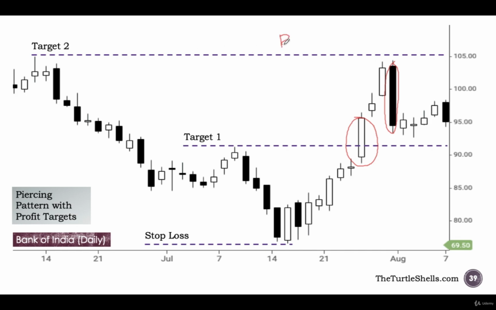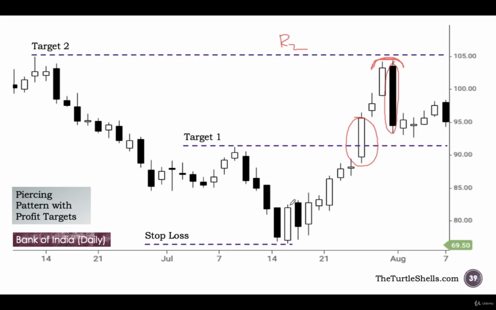Target 2 is not going to be achieved because the black candle has completely engulfed the prior white candles, which is like a reverse of a bullish engulfing pattern. So this is a bearish engulfing pattern, which we have not covered yet. We will look into that pattern as well. But that is where the problem starts.